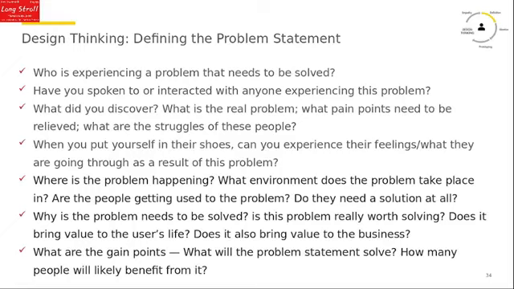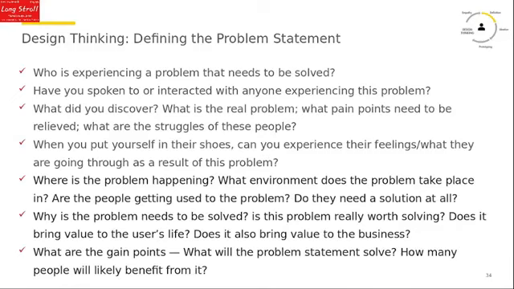Remember that you are trying to look at the problem you wish to address to be sure that it's actually worth solving. So the next question will be, why is this problem to be solved? Is this problem really worth solving? Does it bring value to the people whom you have discovered are suffering from this problem?